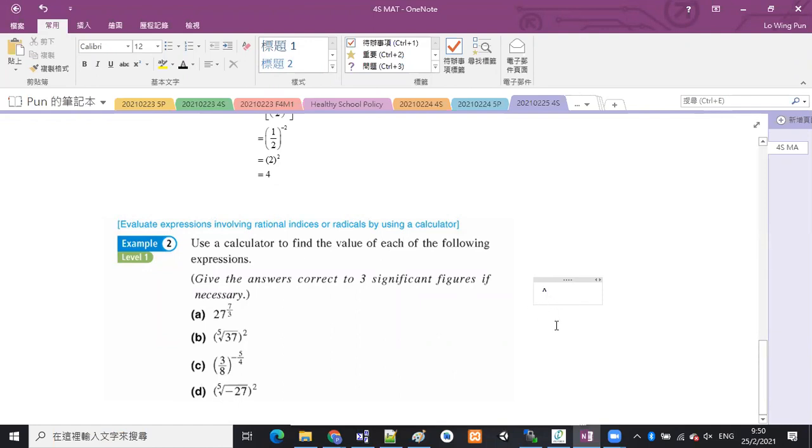Okay, that means the power. So what you will type in the calculator is 27 to the power bracket 7 over 3.